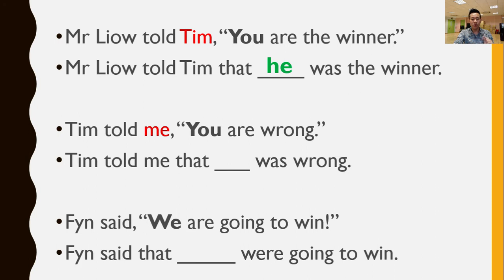Second example, Tim told me, "You are wrong." So Tim told me that, he's talking to me, so it should be I was wrong. Third example, Finn said, "We are going to win." Finn said that, instead of "we," the opposite end will be, they were going to win.